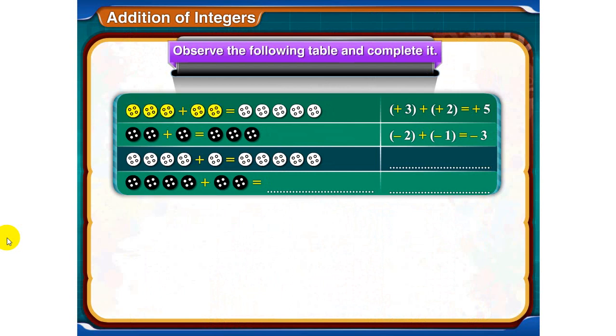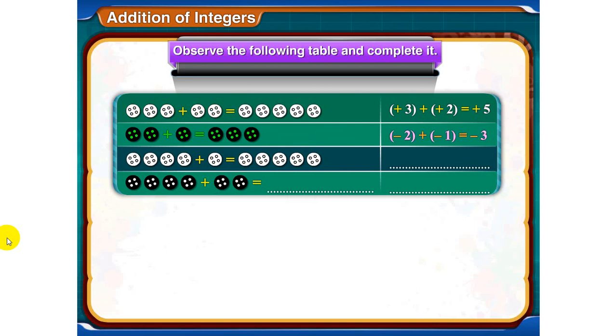3 white buttons plus 2 white buttons is equal to 5 white buttons. It represents as +3 plus +2, that is equal to +5. 2 black buttons plus 1 black button is equal to 3 black buttons.